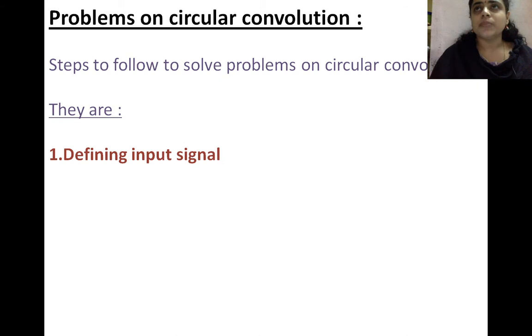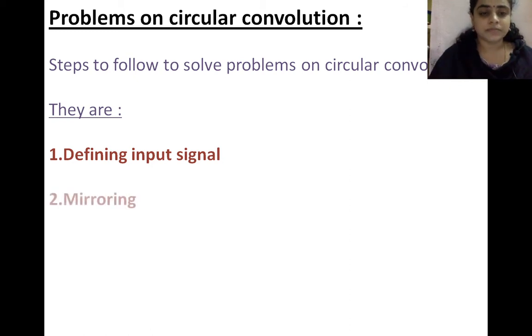If, suppose, they didn't give x of n but they have given the excitation, we have to understand that the signal is x of n, and then we have to analyze that the other signal is h of n. Like that we have to define our input signal. We have to be clear about what input they have given.